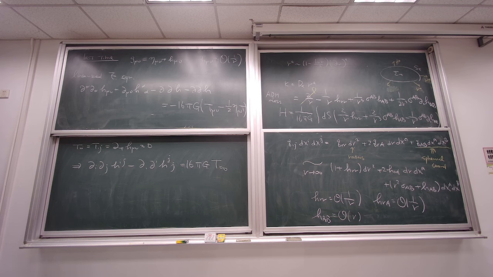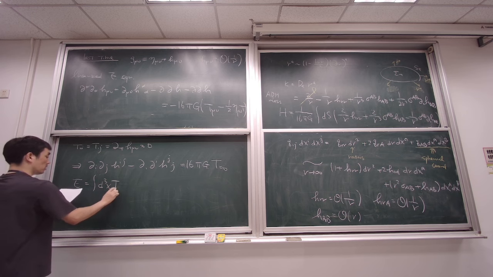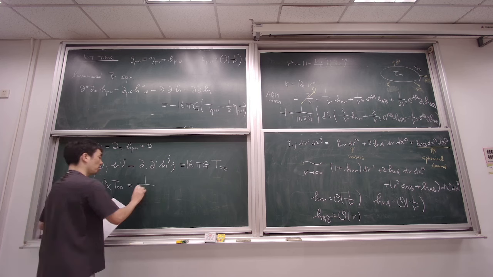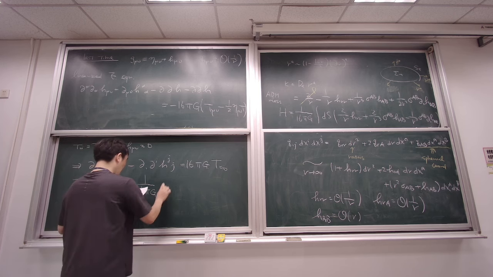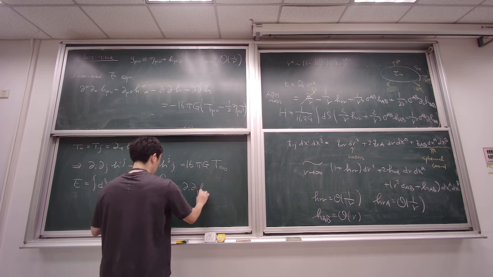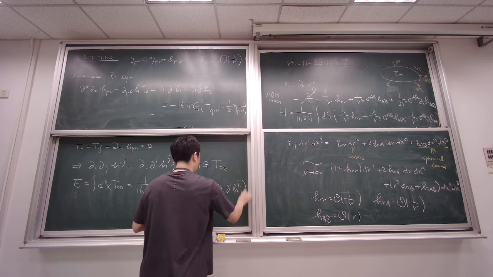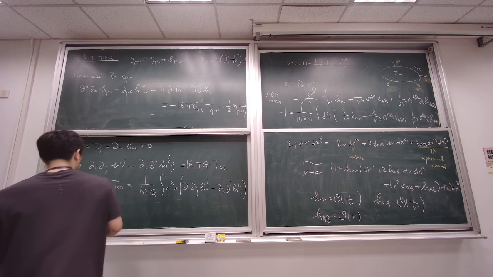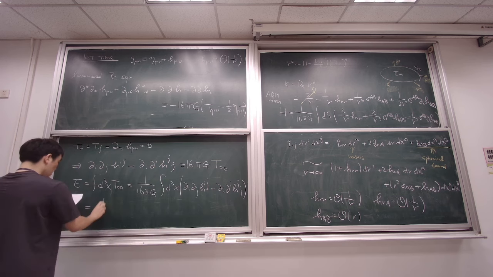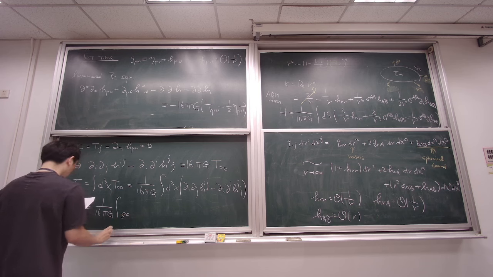And to define the energy, we just integrate over space: E is equal to the integral of d cubed x T00, equal to 1 over 16 pi G times the integral of d cubed x del_i, and then at infinity dS_i.